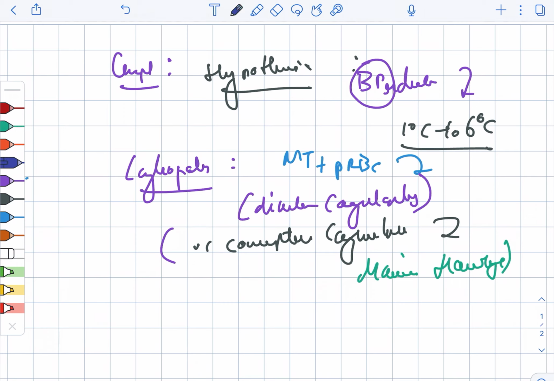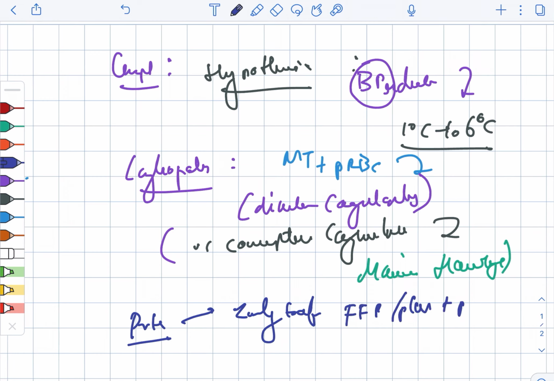Another thing to note is that it can be prevented by starting early transfusion. So prevention is by starting early transfusion as well as transfusion of the FFP, the platelets, as well as the PRBC. This is done in the ratio 1:1:1.